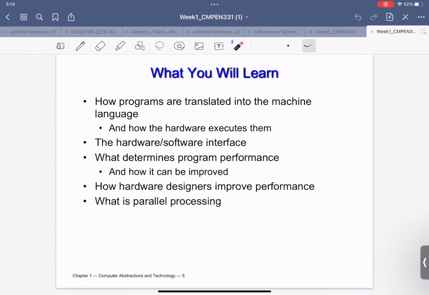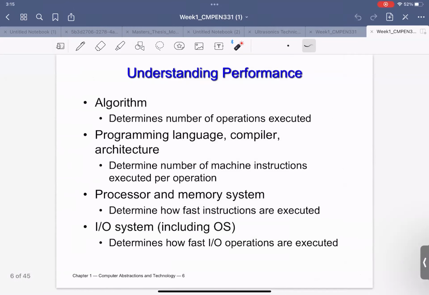We'll see cache memory and things like that. We will not go that deep into parallel processing, just the concepts, and we will not be heavily covering it. Of course, under that, we see some of the algorithms.